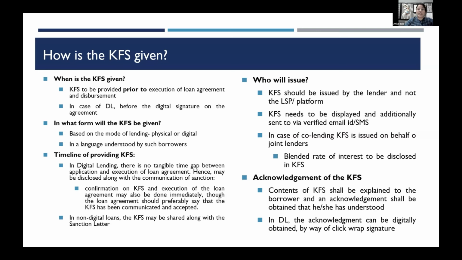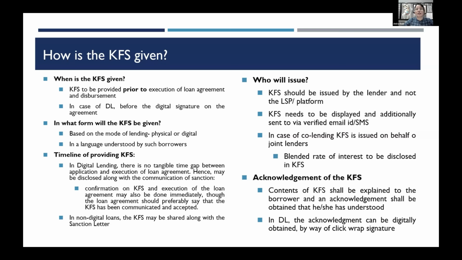Now, what is the timeline to provide? Is there any time period within which the KFS has to be issued? In digital lending, since there is no tangible time gap between application and execution of the loan agreement, we can just disclose it upfront itself. So the KFS can be disclosed along with the application or the sanction letter itself.